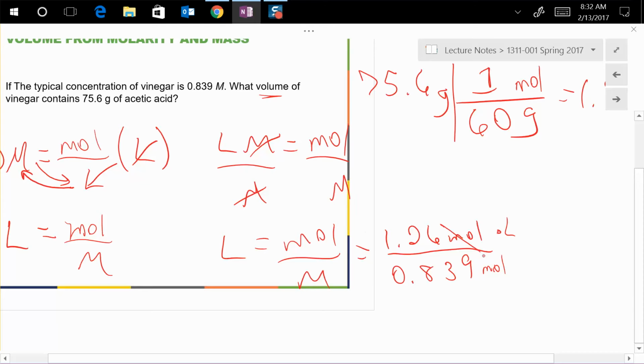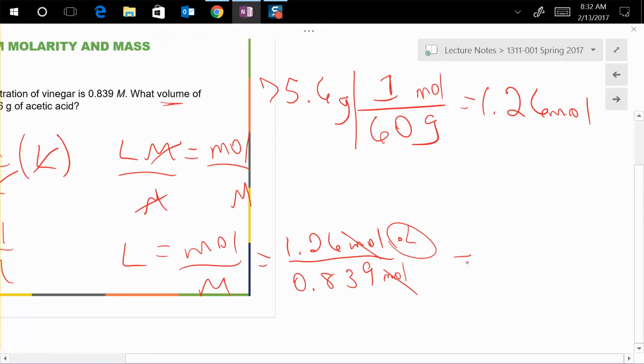Your moles would cancel, and you would be left with liters. So 1.26 divided by 0.839, what do we find? What is the volume here? 1.5. 1.5 liters. Okay? Is that what everybody else is getting? Okay, 1.5 liters.